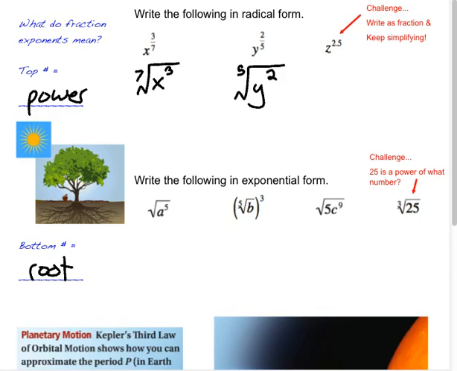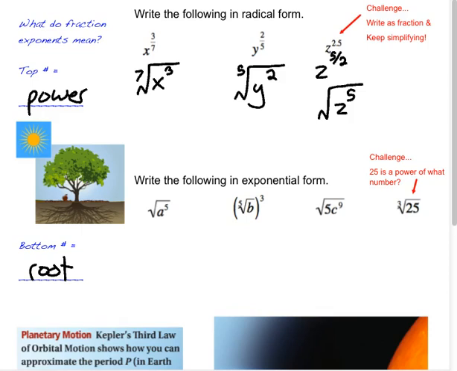Now this one, if it's written as a decimal, we need it as a fraction. So 2.5 is 5/2. You're going to want to rewrite the decimal as a fraction, and now we can apply that process. So this is going to be a square root, because the bottom is the root, and the top is the exponent.